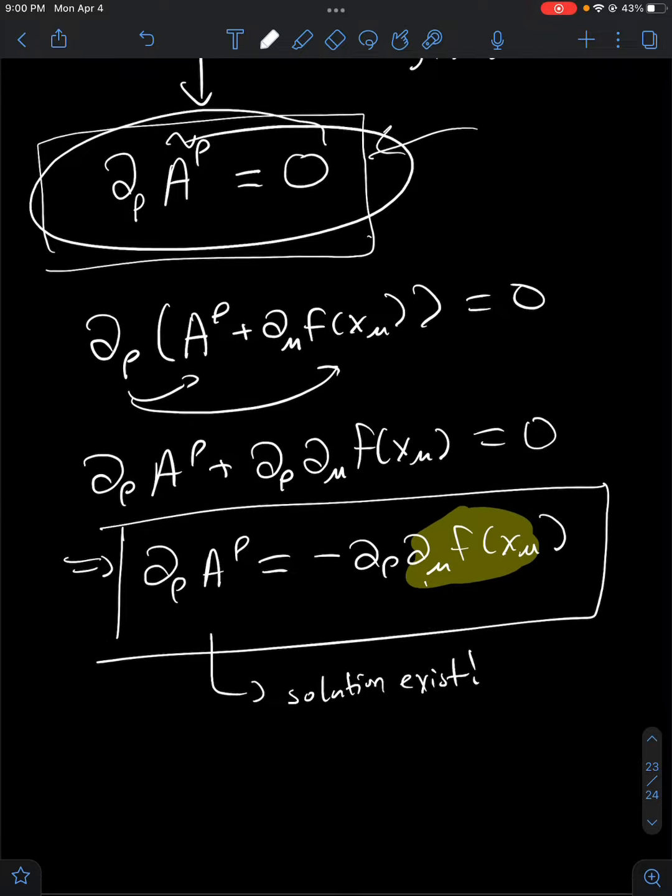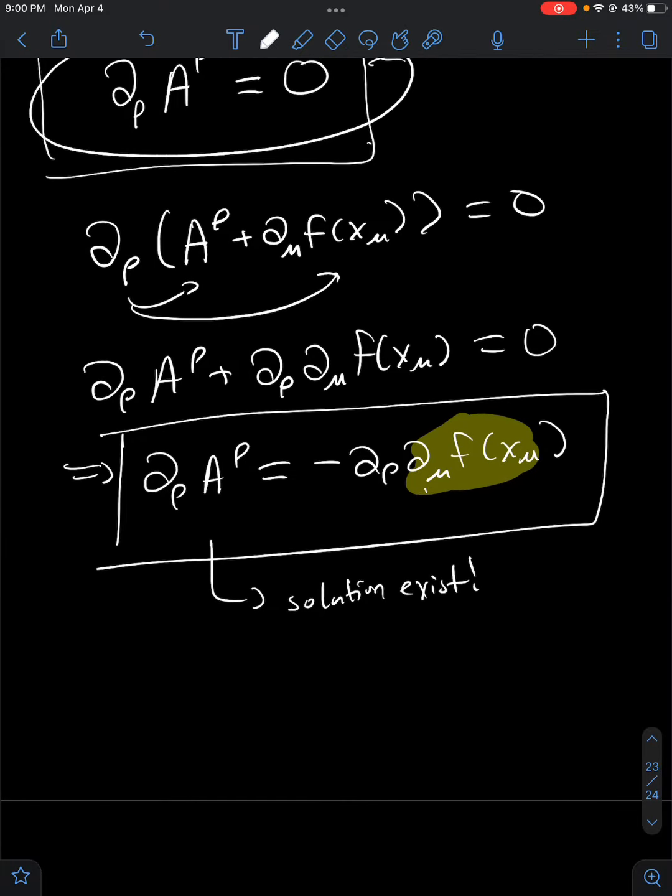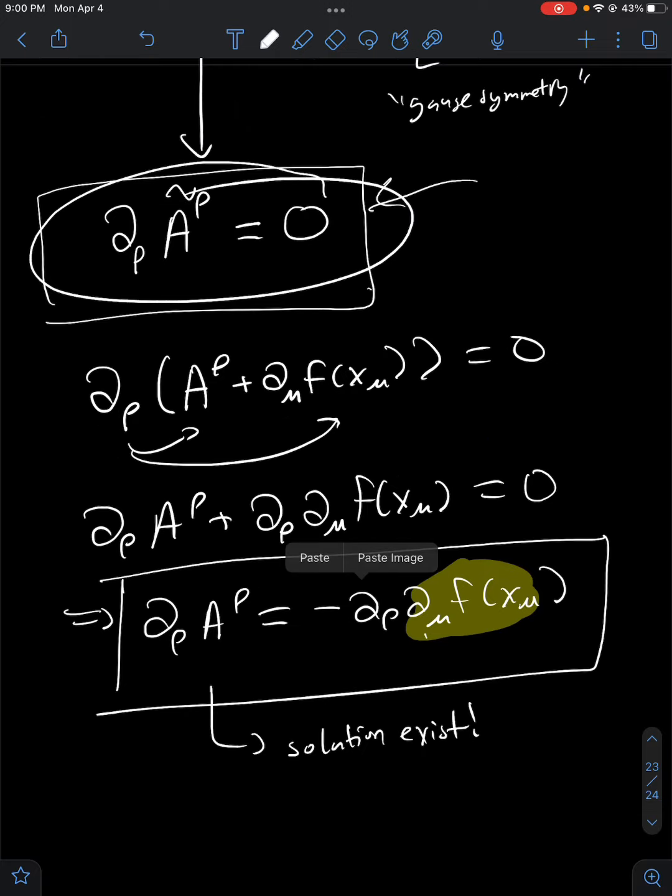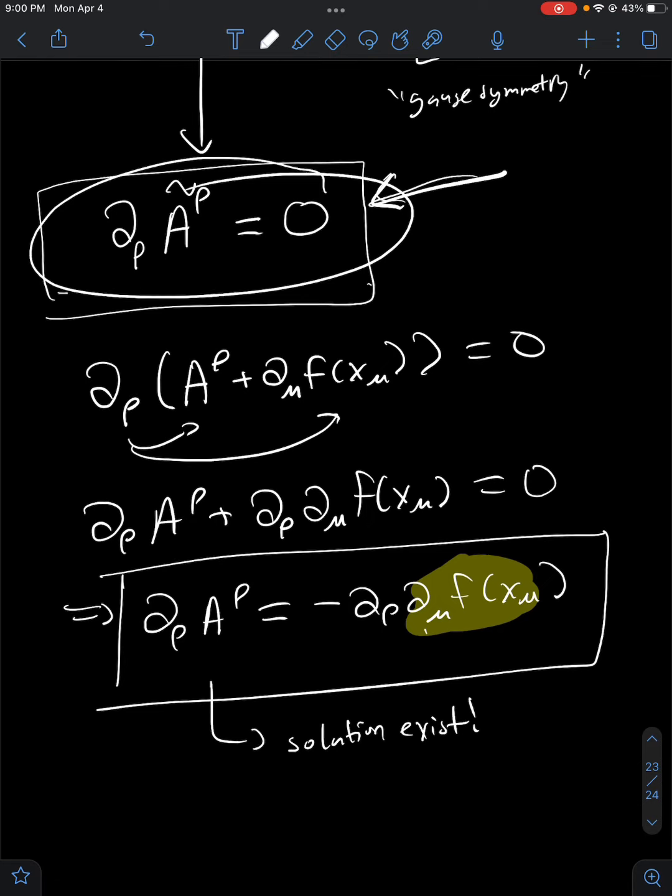So what I'm saying is, as long as we know that some gauge exists such that we have this continuity equation, we don't have to know what A rho is. We don't have to know what our gauge is. As long as we know that there is some gauge that allows us to deal with this, we can just jump straight into dealing with our continuity equation.